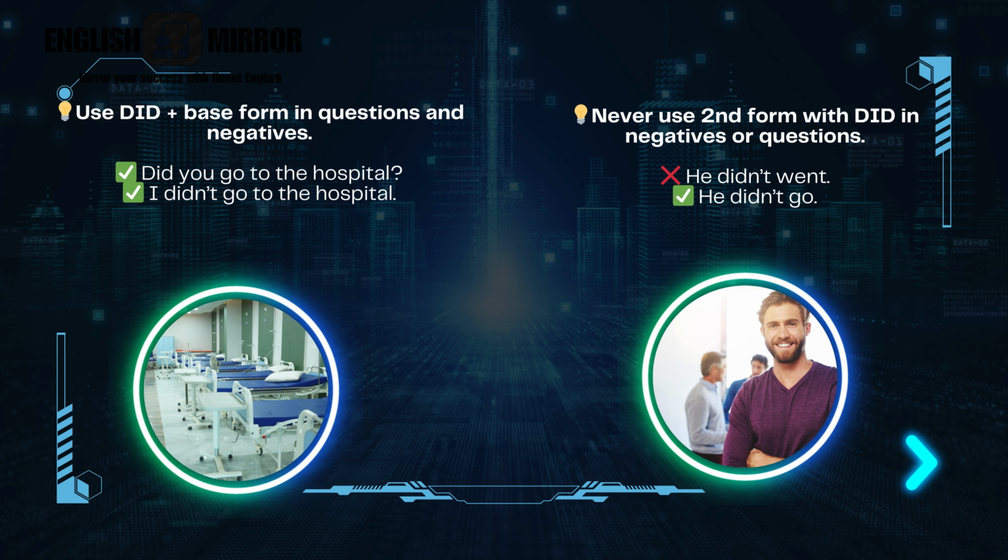I is the subject, did plus not is didn't, and go is the verb's first form. The next one is never use the second form with did in negatives or questions. We already discussed, he didn't went is wrong. He didn't go is the correct form. Hope it is clear for you.